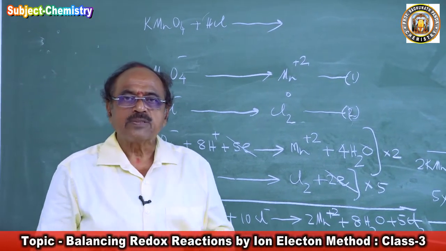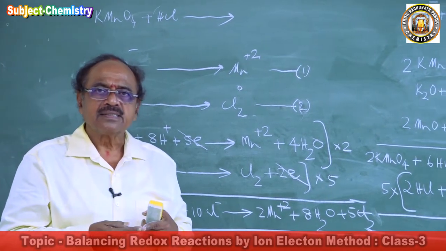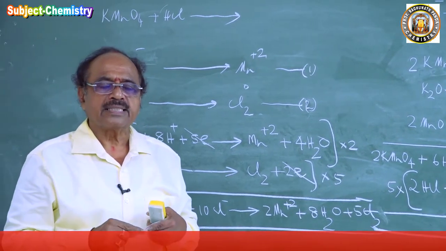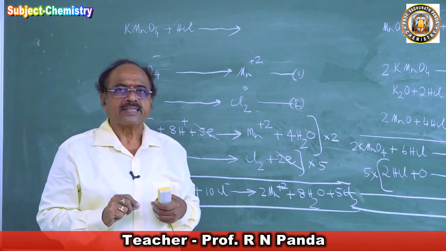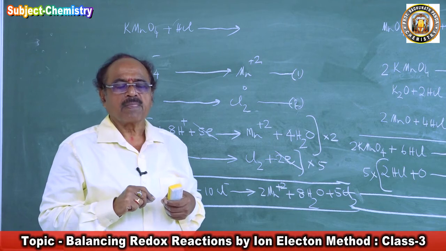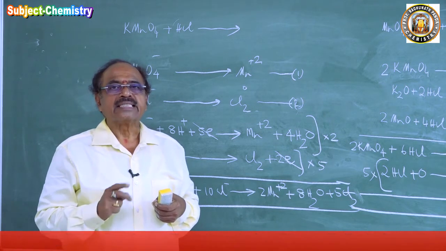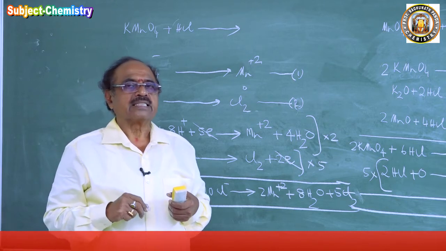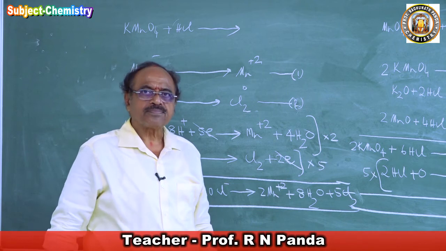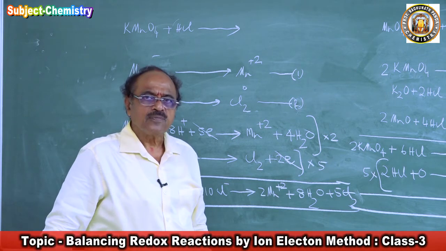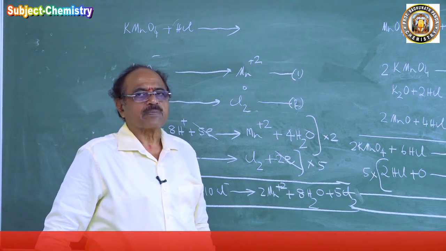So two reactions would take place: potassium permanganate would carry out its own reaction and also oxidize HCl. Hence it is never acidified by HCl. Then the question comes, why sulfuric acid? Because in sulfuric acid, the oxidation number of sulfur is +6.